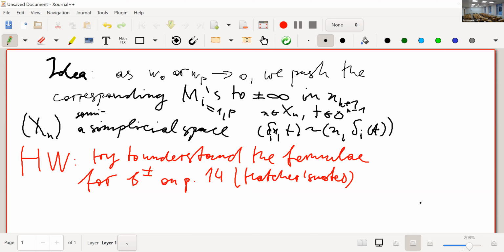So well, there's this homework. Apparently, there is a way to formalize what I've just said, and apparently this is what Hatcher does. But I don't know why the formulae do what they're supposed to do.